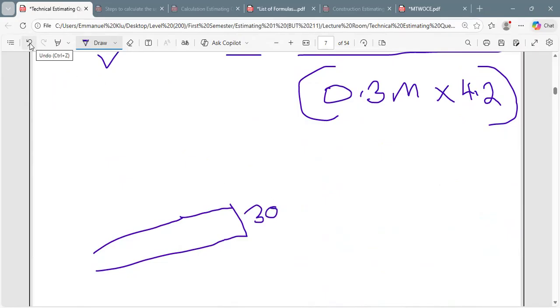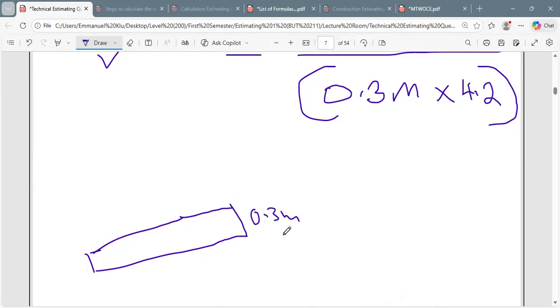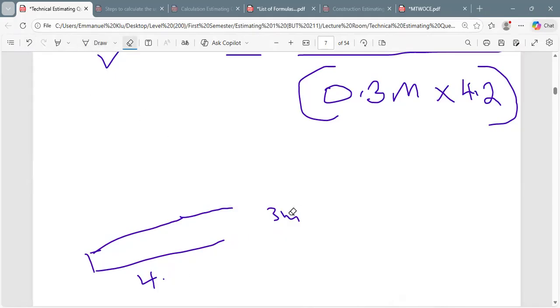And this side, here we count the 0.3 meters, and here is 4.2. That's our board we have been seeing. So don't get confused. Okay. Let me clean it quick, and we proceed.